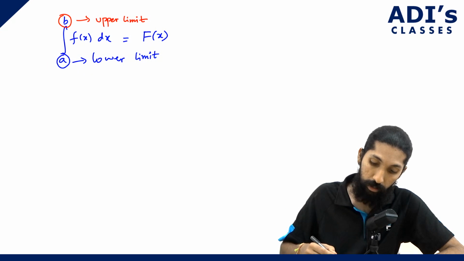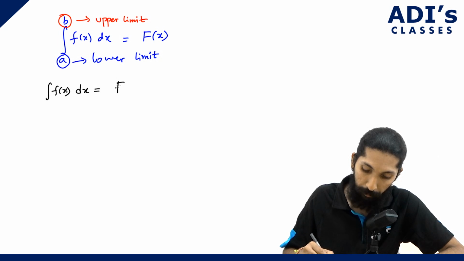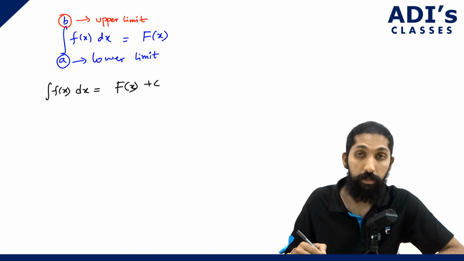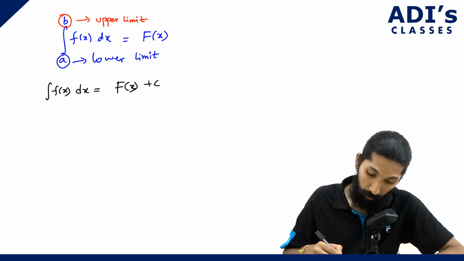In the sense, here you have the integration of f of x, which is nothing but capital F of x, right? Now take plus c. This is the indefinite integral, whatever we have studied. Now you have from a to b.